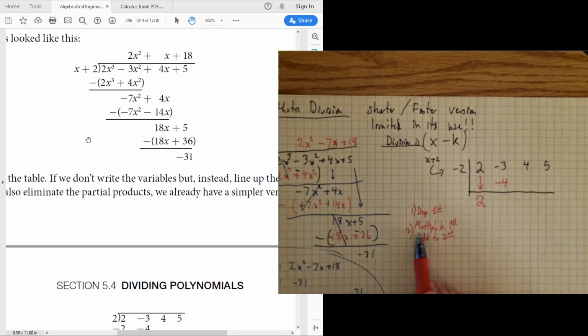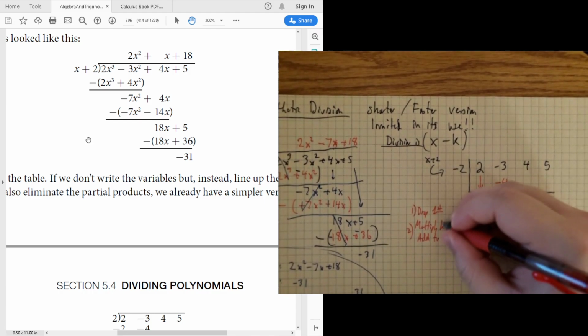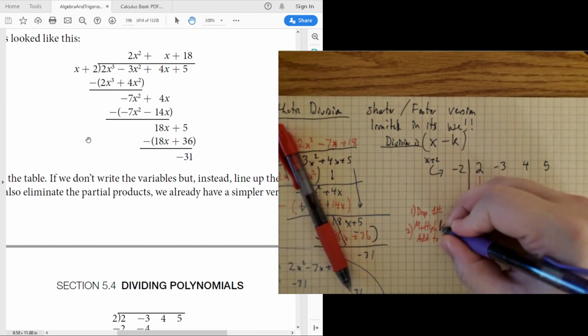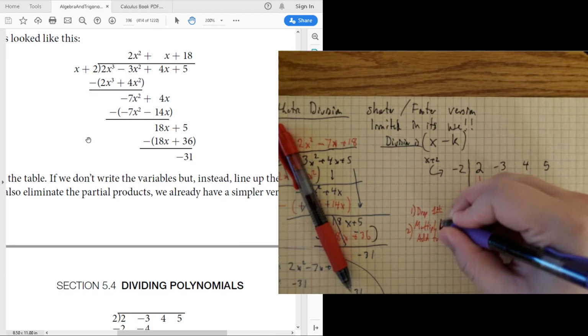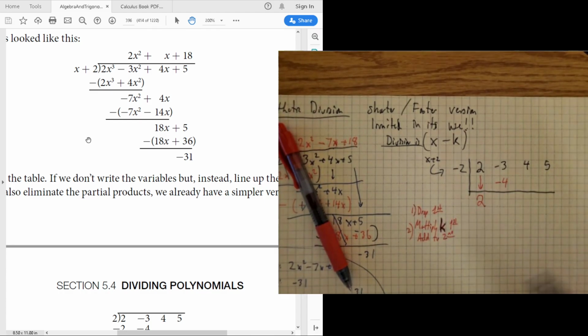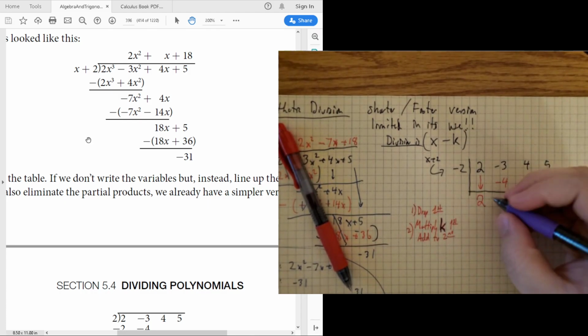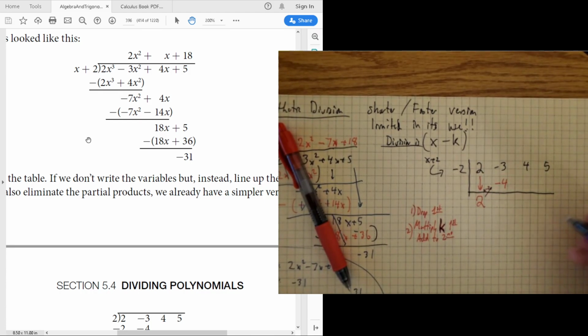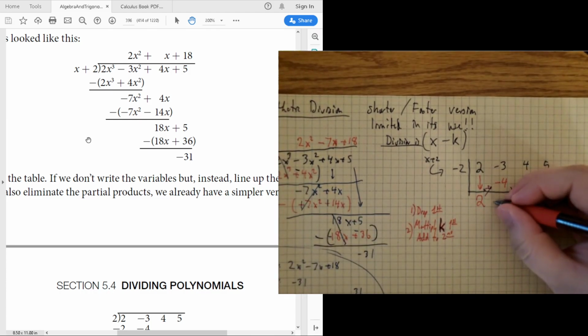We multiply k, that's that number outside, and the first, and add it to the second. So we multiply by negative 2 and get negative 4. And then we add these together to get negative 7.